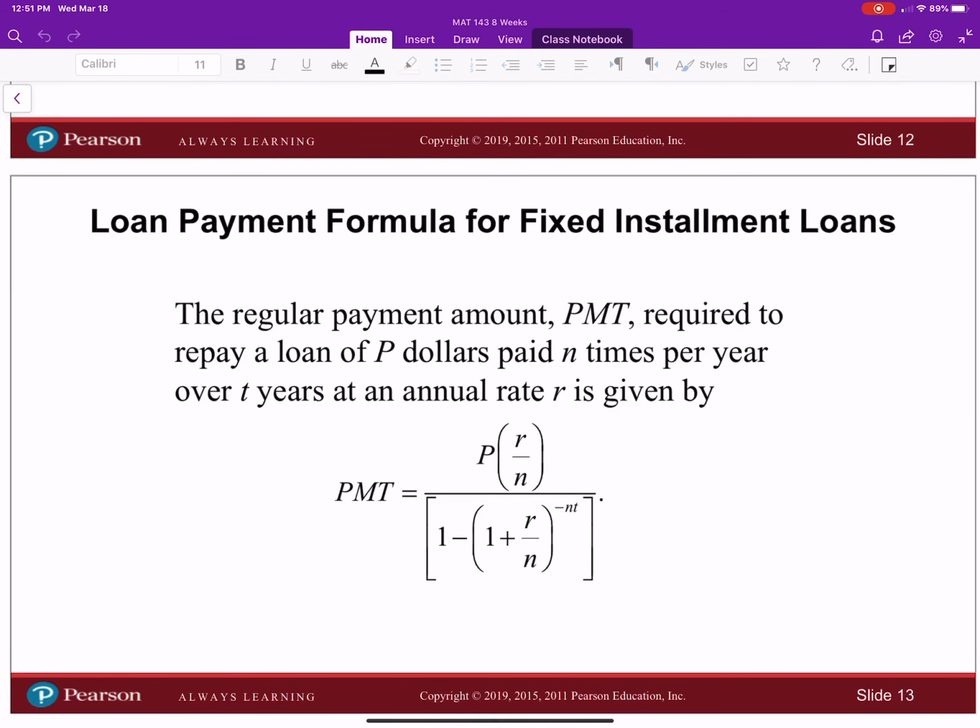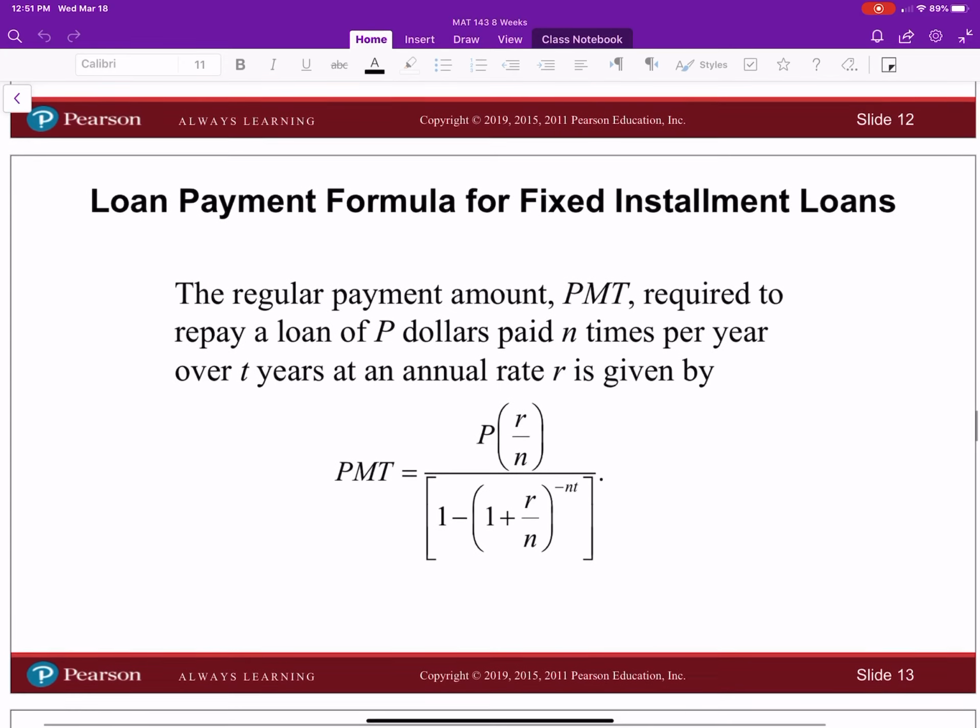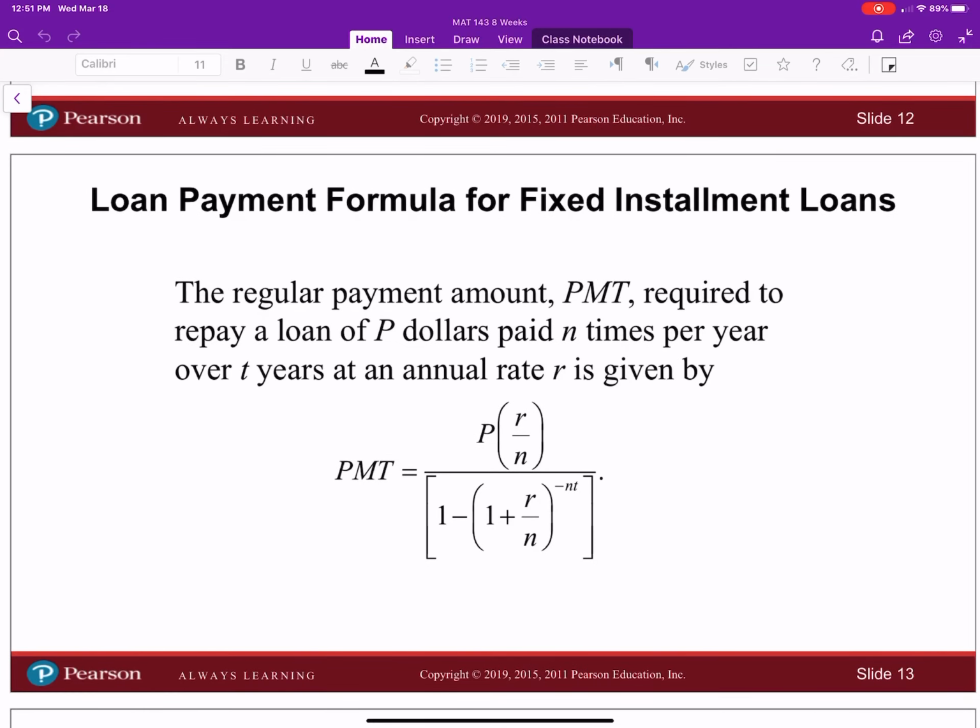So, loan payments formula for a fixed installment loan. The regular payment amount, PMT, required to repay a loan of P dollars paid N times per year over T years at the annual rate R is given by PMT, which is payment, is equal to P, parentheses, R over N, close parentheses, all over bracket 1 minus, parentheses, 1 plus R over N, close parentheses, raised to the negative NT.